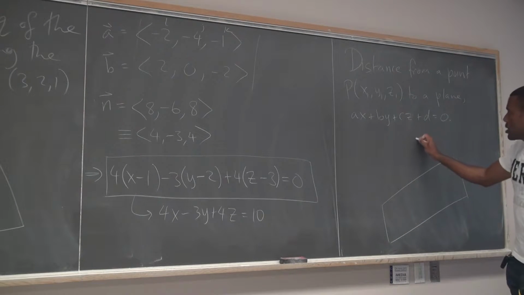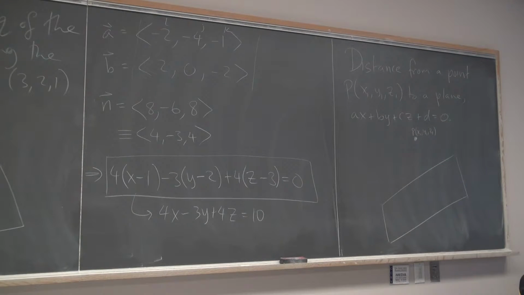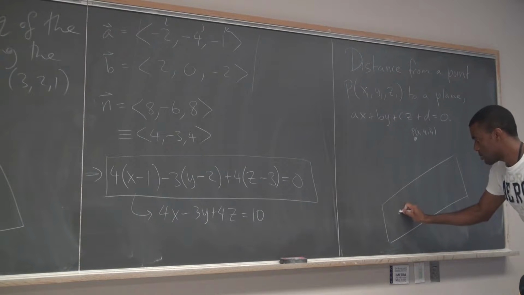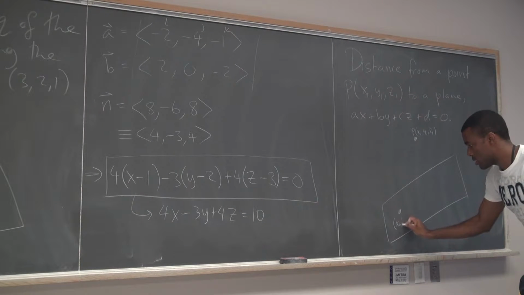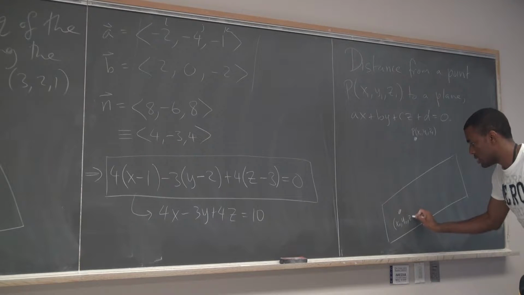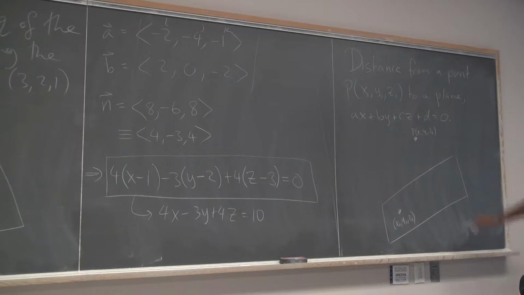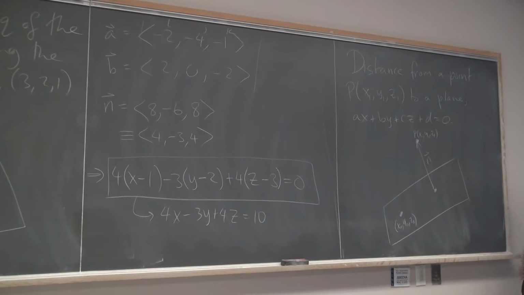Let's say here I have a point P, which is x1, y1, z1. A random point in this plane is x0, y0, z0, and I have a normal vector hitting this point. How do I figure out the length of this?